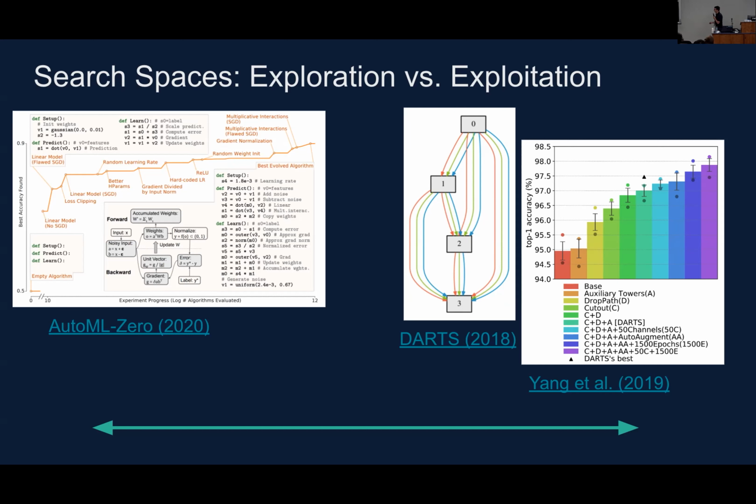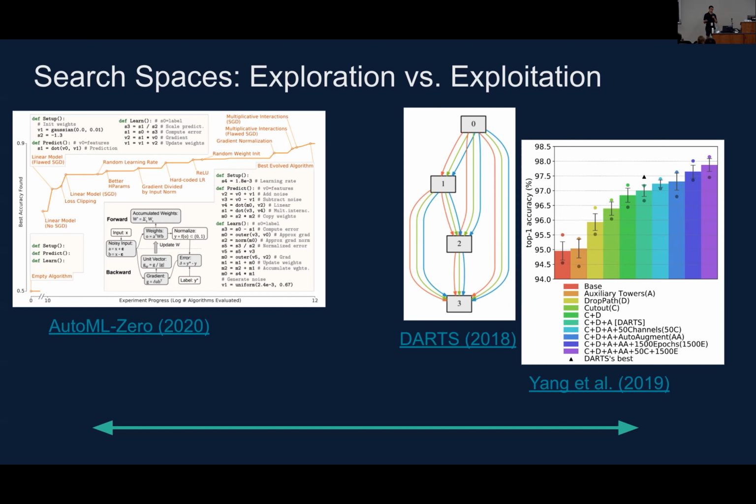So at the heart of designing the search spaces is this big trade-off we have to make between exploration and exploitation. By that, I mean I can encode my human bias. I can say, oh, I'm doing a computer vision task, I know convolutions and pooling operations work really well, so I can add a lot of architectures that have these sorts of operations.